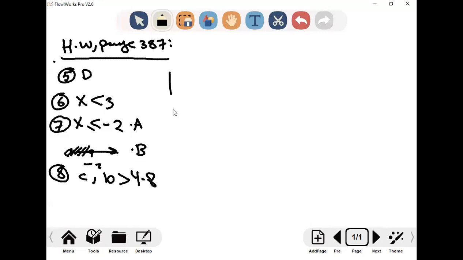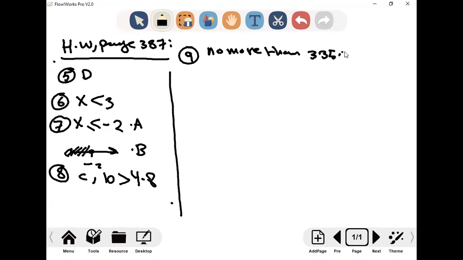In question 9, you have two solutions or two selections. The first one, no more than 335.75 dollars, and the fourth one, less than or equal to 335.75 dollars.